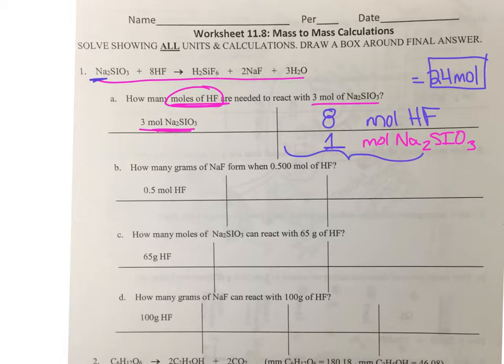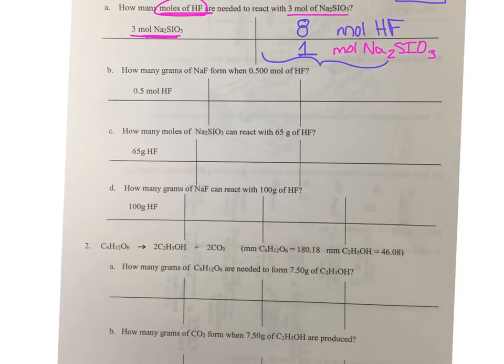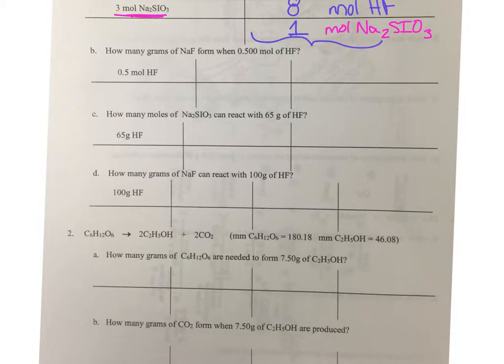Moles is sometimes a counting number, so just don't worry about sig figs as much if it's a mole to mole. Otherwise, all the rest of them, if you look down the page, these all have different things. I'm going to fix letter D, number 1D, and we're going to put a little decimal after the 100 so that it has 3 sig figs. Otherwise, that would be a very ugly answer.